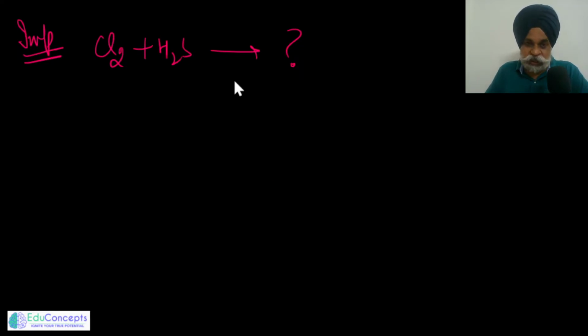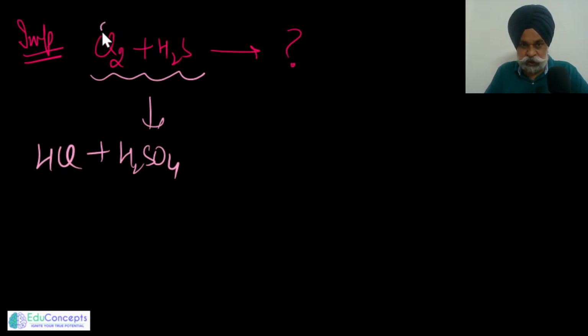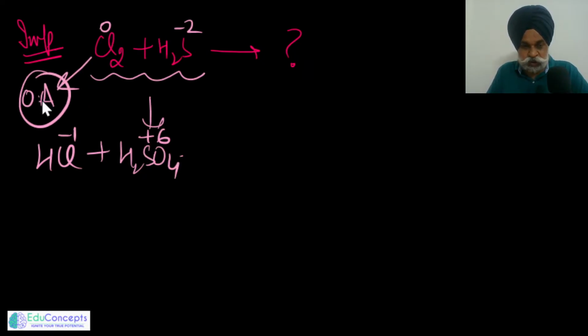And this particular question I have already discussed, that chlorine on reaction with H2S produces sulfuric acid along with HCl, where chlorine changes from 0 to -1 and sulfur from -2 to +6. Keep in mind that it acts as a strong oxidizing agent, unlike bromine and iodine.